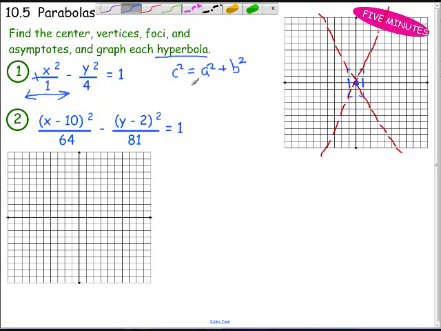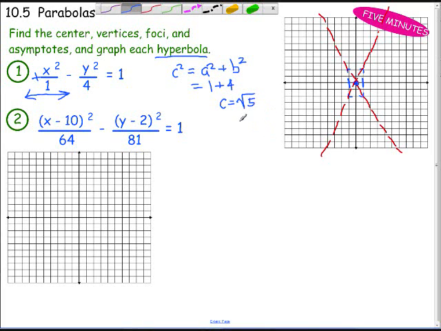Here's my a squared, which is 1, my b squared, which is 4. So c is equal to the square root of 5.